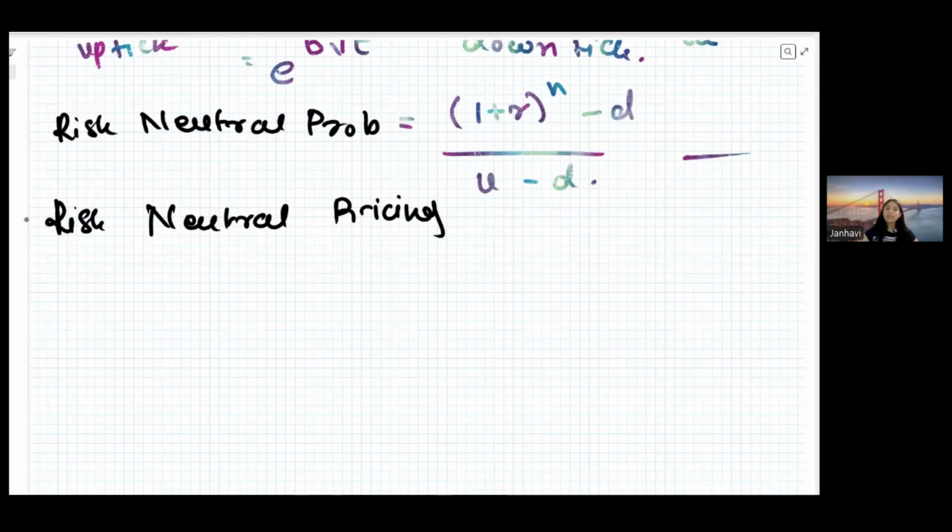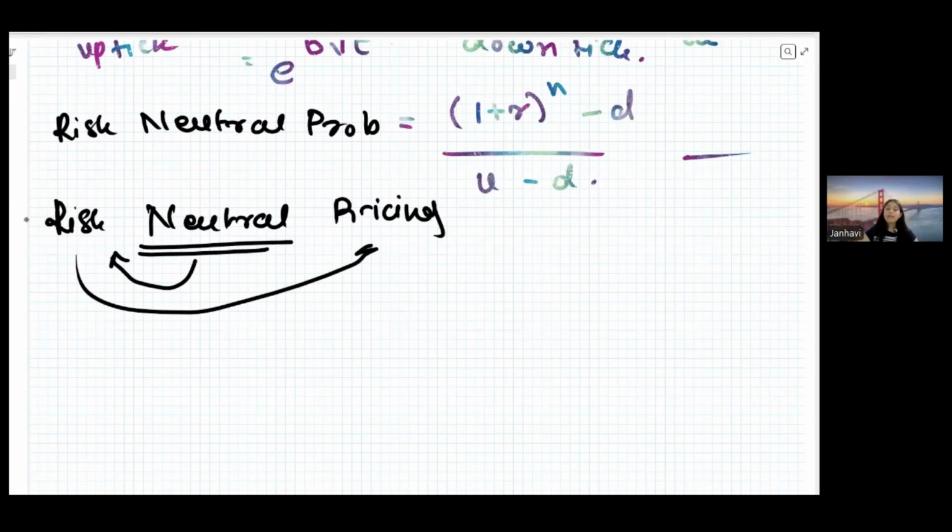We pretend that everybody is neutral towards risk while pricing or valuing that particular derivative. We technically assume that the underlying asset will grow at a risk-free rate, and the derivative price will depend only on the no arbitrage rules, and nothing else. No opinion of others matters in this. Now what we need to understand is the difference between uptick and downtick.